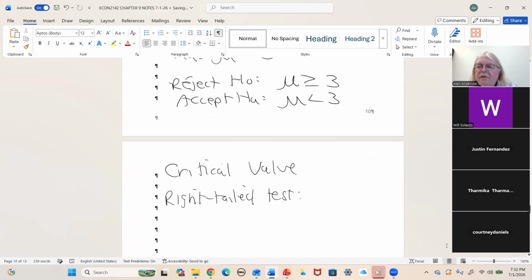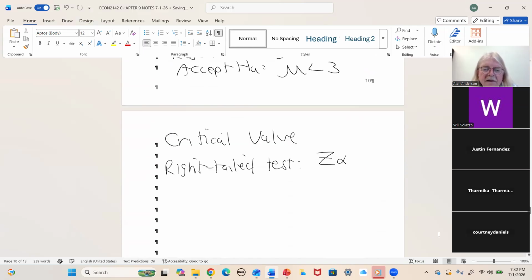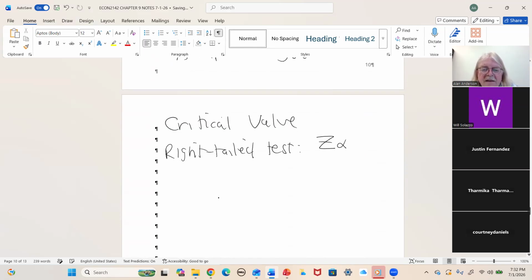So the critical value also has to be based on that z. So z alpha means the cutoff point between the upper alpha percent of the total, and here we have all the rest.